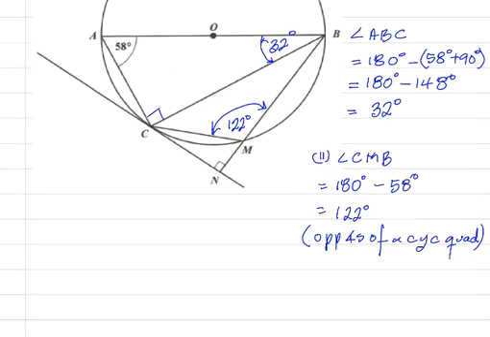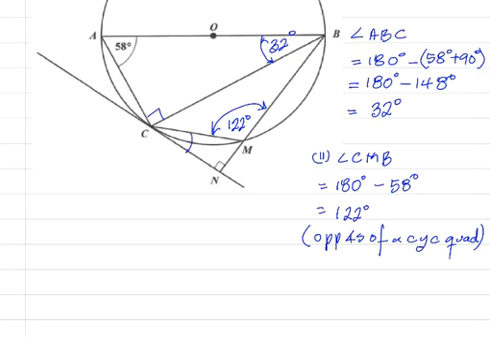Next, the third and final angle that we have to find is angle NCM. We need to identify the size of angle NCM. That's this angle here, angle NCM, which is that angle there.